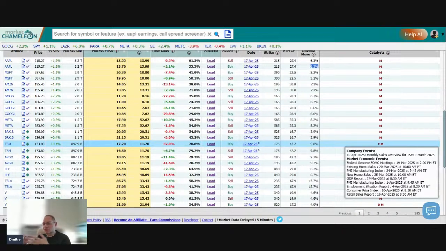The M stands for general market events that could potentially be material and move either the entire market or sector, that could be relevant. So we just listed here, like we could see here, the Federal Reserve FOMC meeting, then other economic indicators that might not be specific to this stock, like existing home sales, PMI manufacturing, GDP report, employment situation.